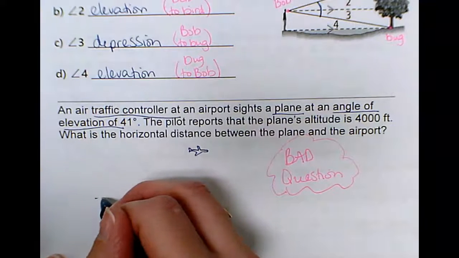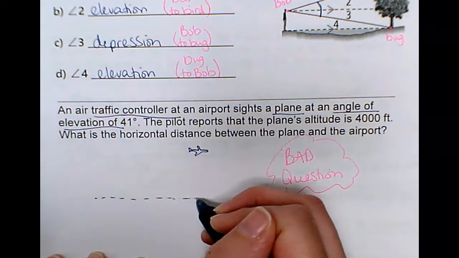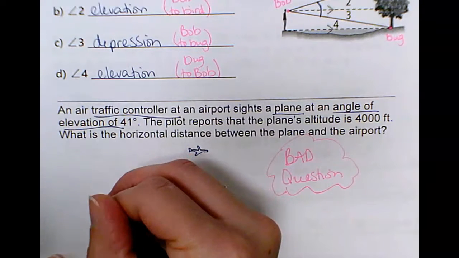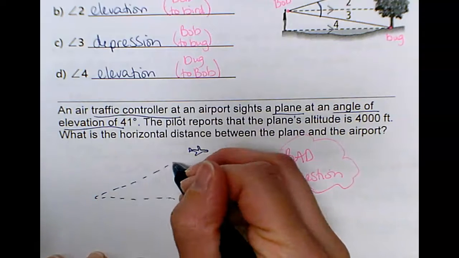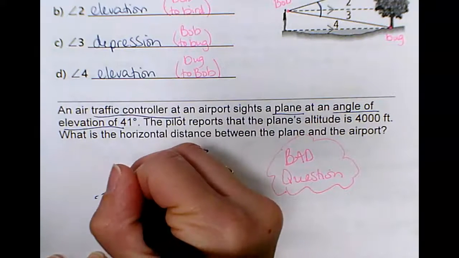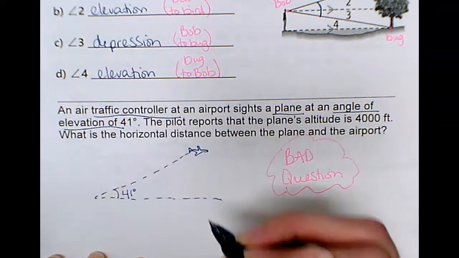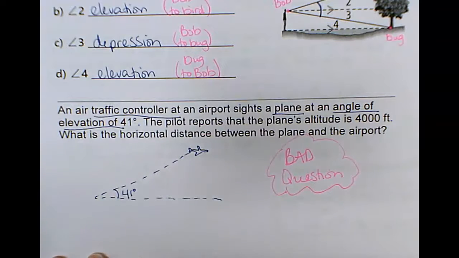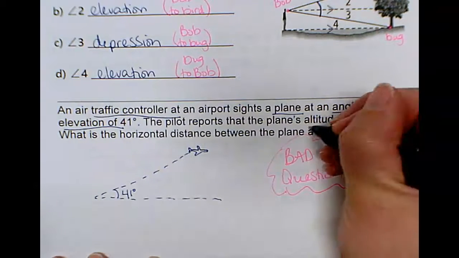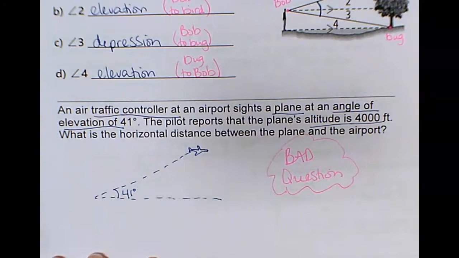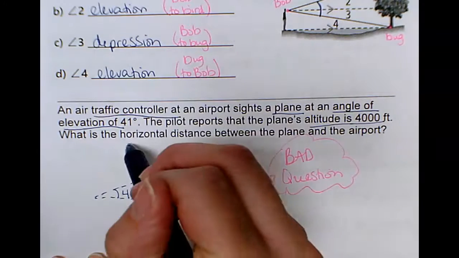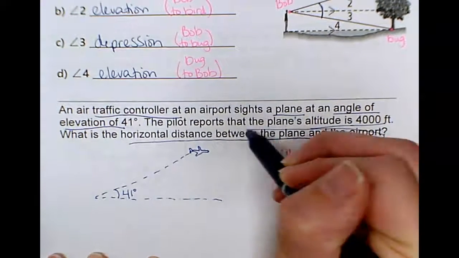Good grief. So here's my horizontal line. Here's my line of sight to something above, so 41 degrees. And the pilot reports that the plane's altitude is 4,000 feet, which is easy enough. And I need to know the horizontal distance between the plane and the airport.